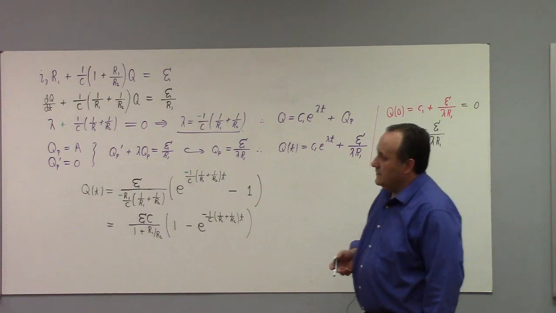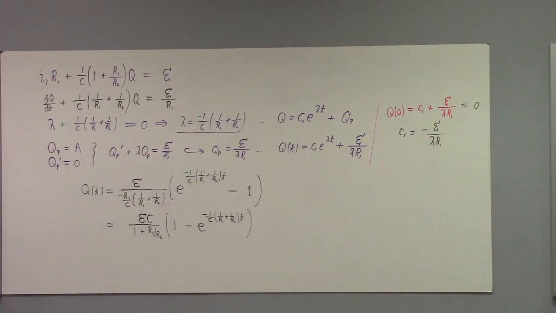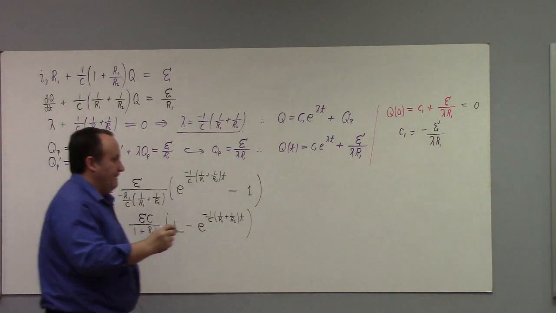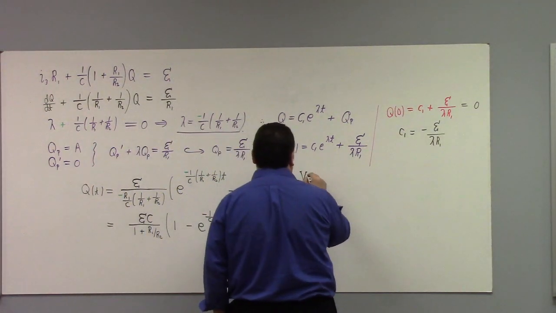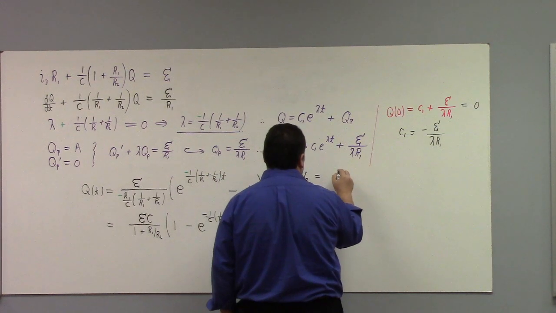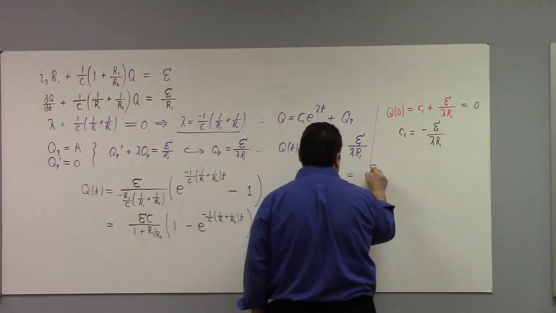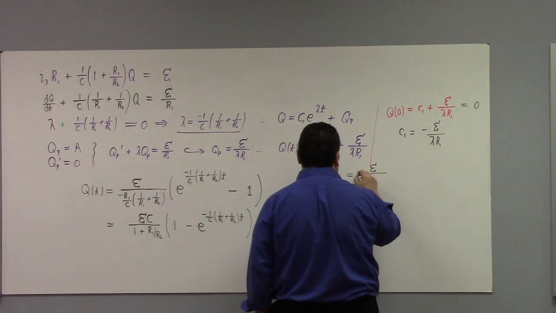And if you set aside the capacitor being here, what should the voltage be across R2? It should be the current through R2 times R2, right? But the current should be E divided by what?